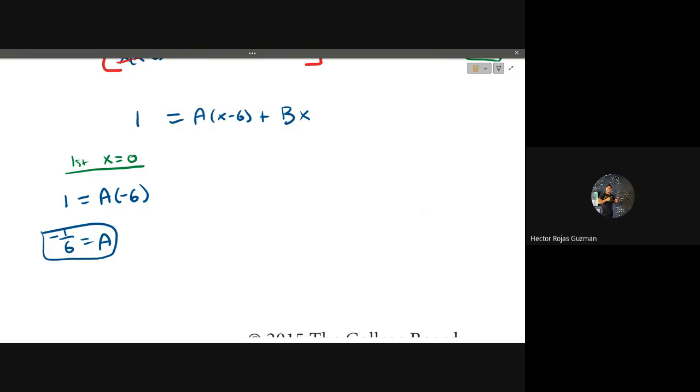And now plug in 6. If I plug in 6, I get 1 is equal to 0 plus 6b. So that means b is 1/6.